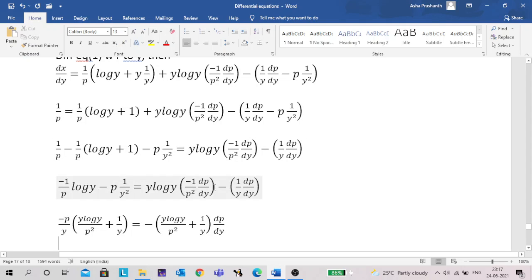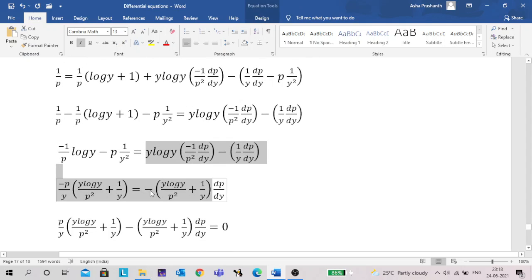In the next step I am keeping it as it is. Here I am taking dp by dy outside. If I take dp by dy outside in the right hand side, what I'll get? Minus also outside. So minus also outside. Y log y. Okay, here on both sides minus are there.